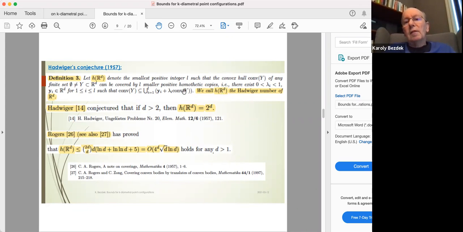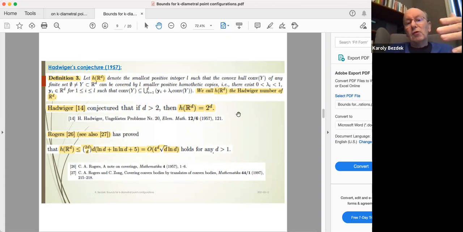This is the smallest positive integer L, such that no matter how we choose finitely many points, we can always cover the convex hull by L smaller homothetic copies. Smaller here means that the homothetic coefficient is between 0 and 1. And the conjecture that Hadwiger made is that this can always be done by 2 to the d smaller homothetic copies.